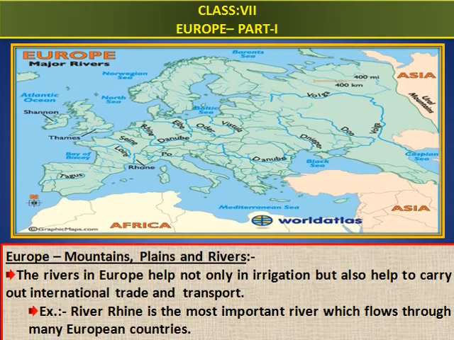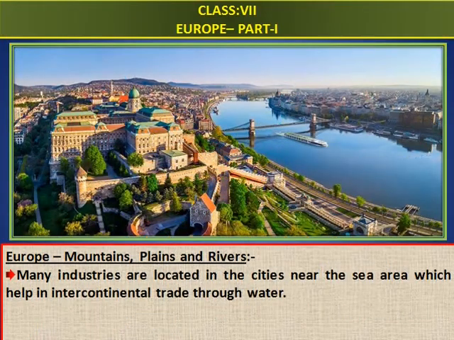Many industries are located in the cities near the sea area which help in intercontinental trade through water. Unlike the Rhine, the Volga drains into the Caspian Sea, which is a vast lake. Through this riverway it is not possible to transport to the open sea. Hence, the cities on the Volga are not linked to transcontinental trade through waterways.